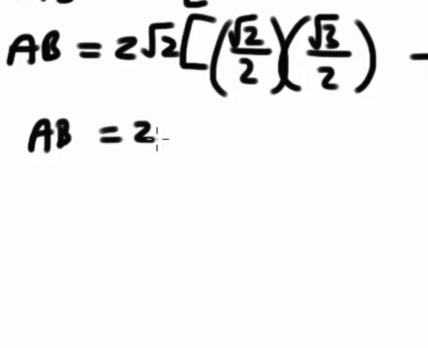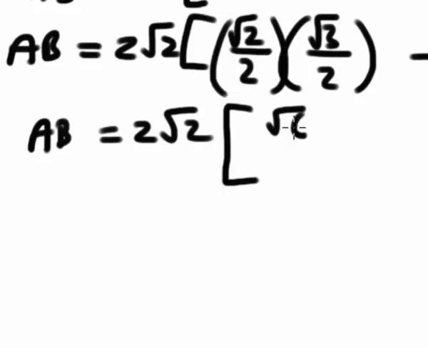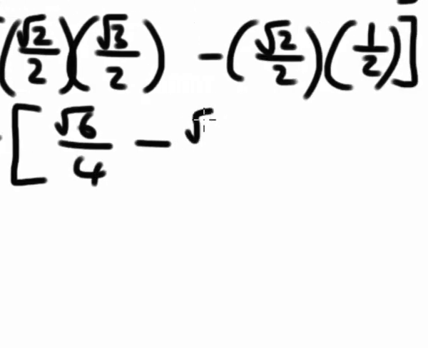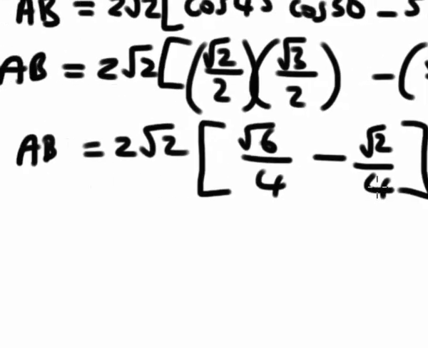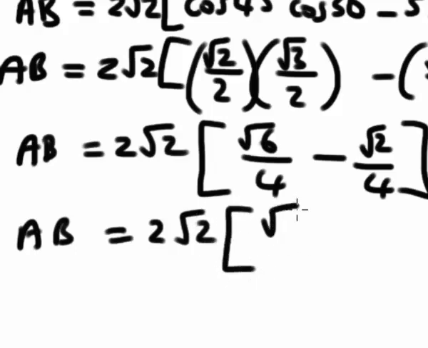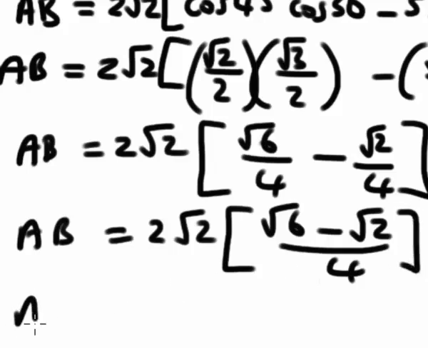So what does this give us? 2 root 2 times, well, this is going to give us root 6 over 4 minus root 2 over 4. There we go. And then we can say that AB is equal to 2 root 2 into root 6 minus root 2 all over 4. And the length of AB will then come to, let's have a look here.